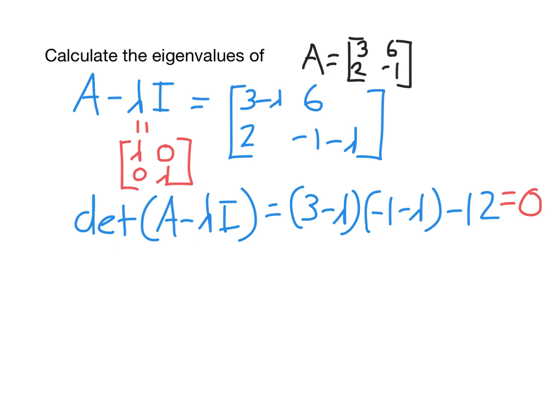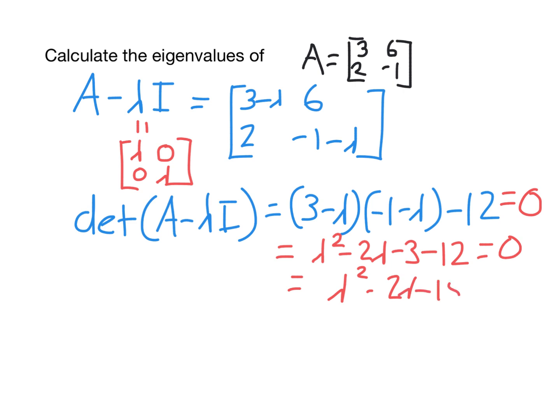Let's go ahead and do this. I'm going to expand these brackets here using FOIL. So if I were to expand this, I get lambda squared minus 2 lambda minus 3 minus 12. Collecting like terms, I simply get lambda squared minus 2 lambda minus 15 equals 0.